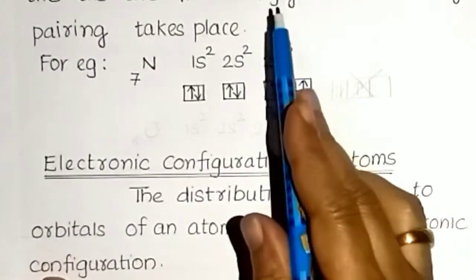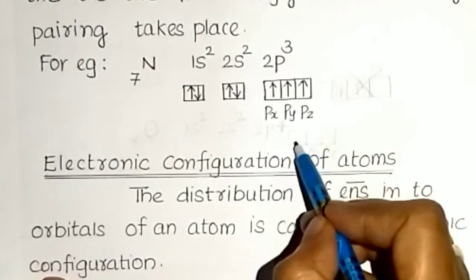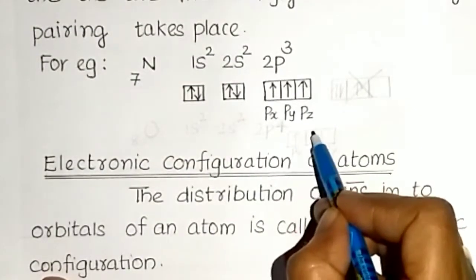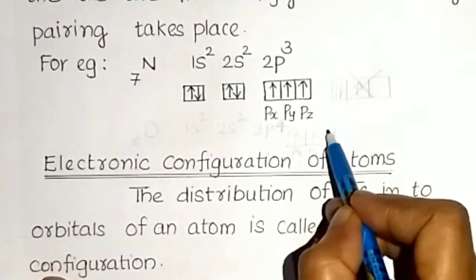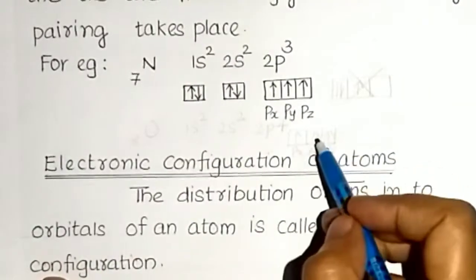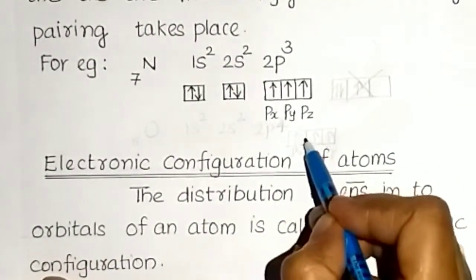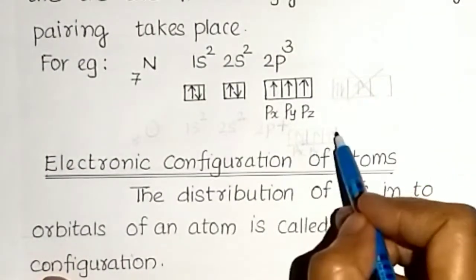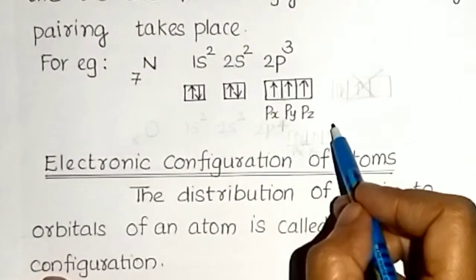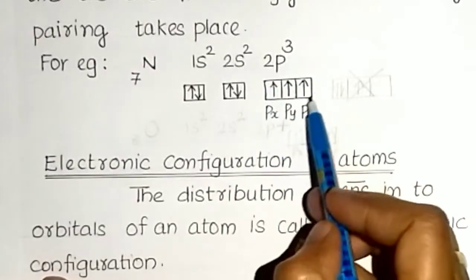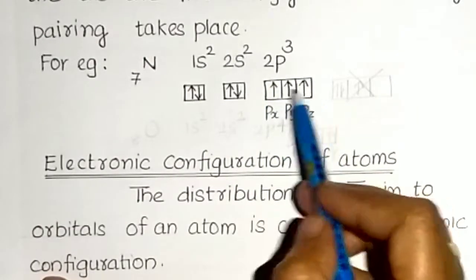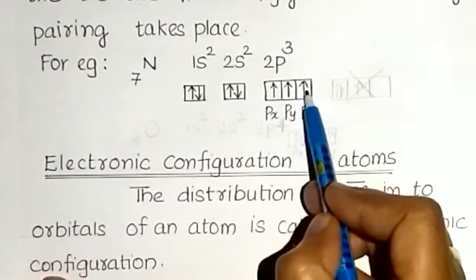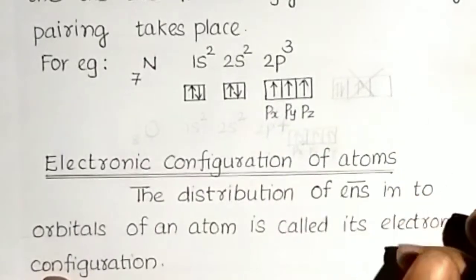First, according to Hund's rule, I will give singly 1 electron to each orbital. Then the remaining 1 electron is there, then I will pair it. Clear? So, in the case of degenerate orbitals, degenerate means same energy level, the electrons are first singly filled, then only pairing takes place.